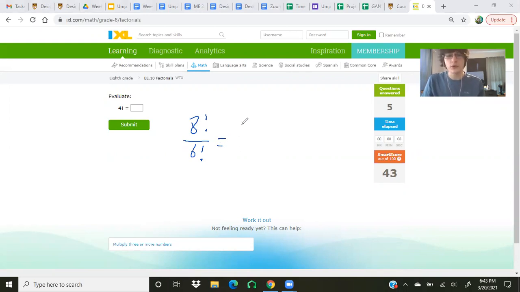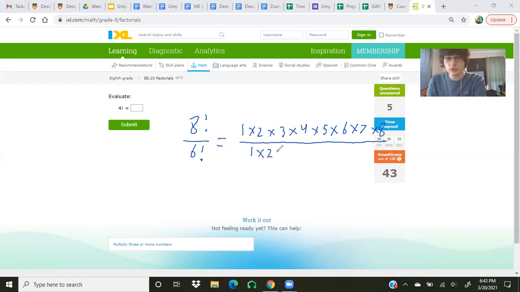So what is 8 factorial? Well, it's 1 times 2 times 3 times 4 times 5 times 6 times 7 times 8. Hopefully you can see that. It kind of went into this bar here, but it's okay. And what is 6 factorial? Well, that's 1 times 2 times 3 times 4 times 5 times 6.